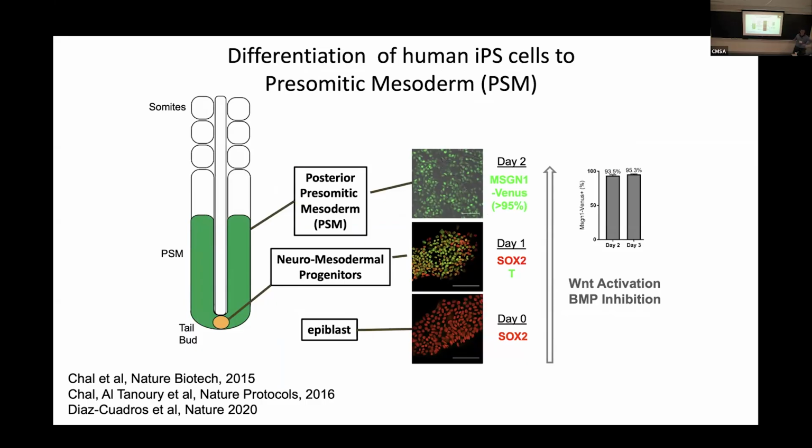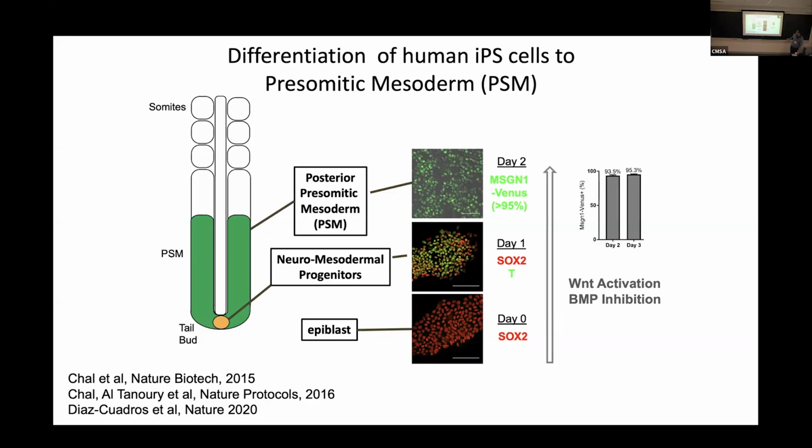So we started to develop a protocol to differentiate pluripotent stem cells to the paraxial mesoderm. And this worked really well. We are able to generate cultures which are almost pure posterior presomitic mesoderm, the tissue where you see the oscillations, in 2 days, with a very simple treatment involving Wnt activation and BMP inhibition.